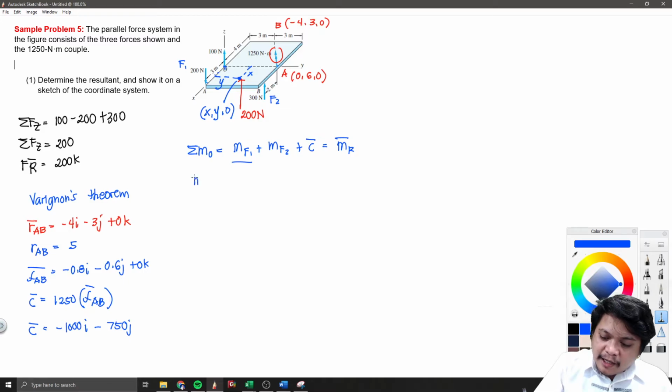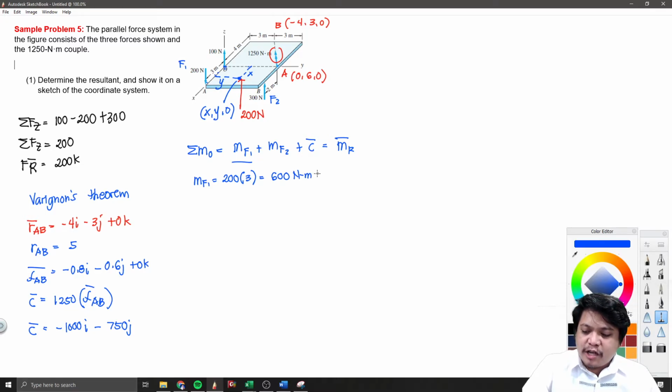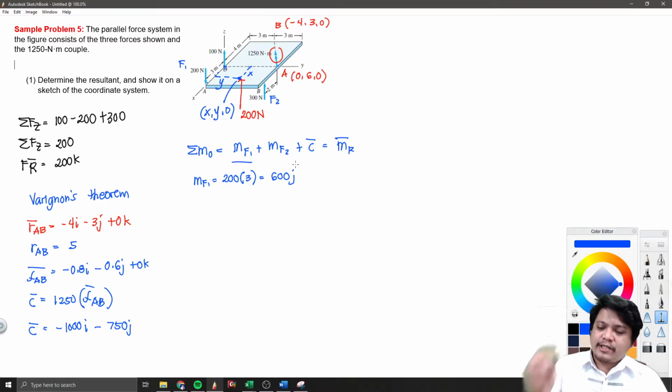So, ibig sabihin, ang MF1 ko, that is equal to 200 multiplied by 3. So, that's around 600 Newton-meter, and ang direction niya is positive J. Okay, para di kayo malito, 600J. Tama ba? Okay, bakit J? Okay, kasi yung dimension ko is X.